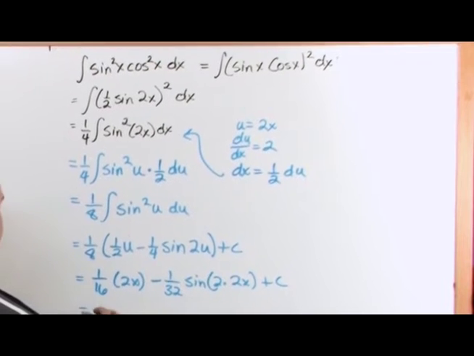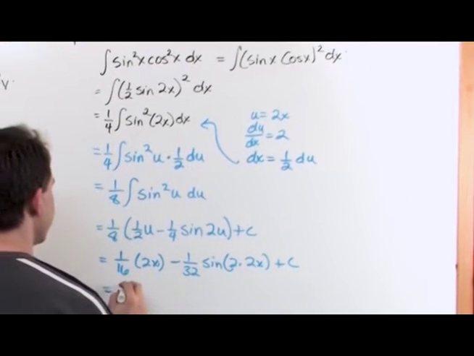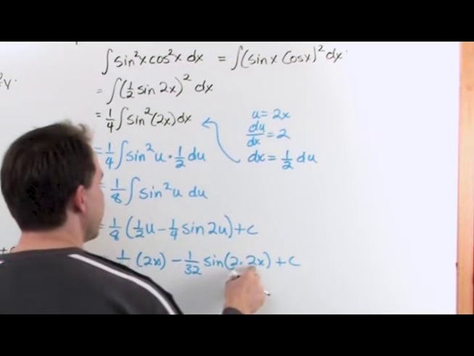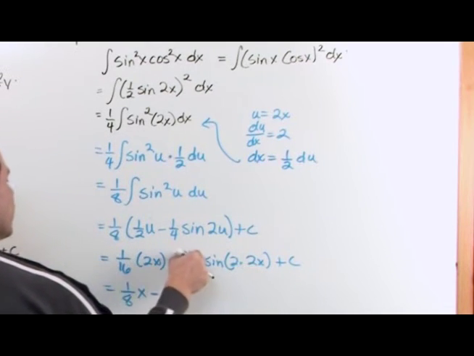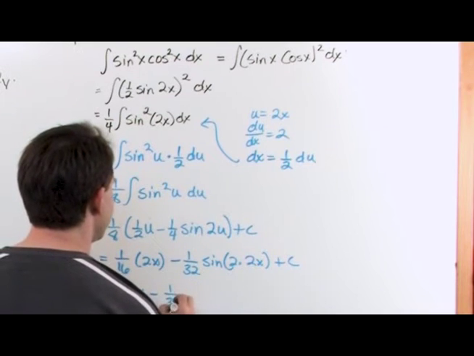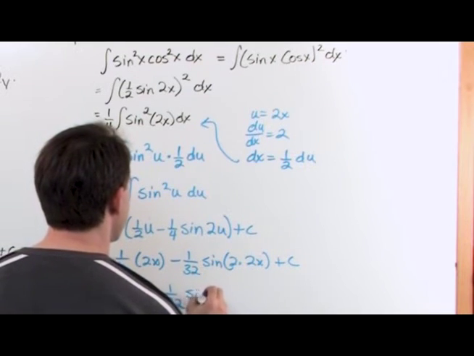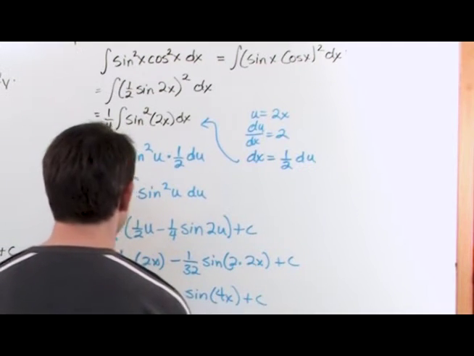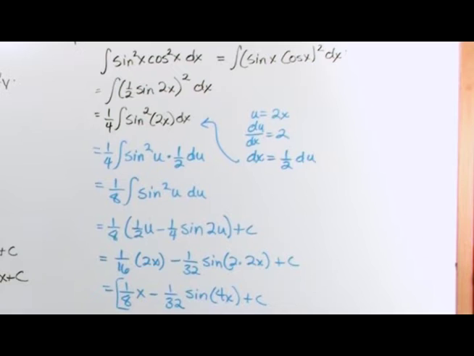Now let's simplify everything here. 2/16 is going to be 1/8 x minus, 2 times 2 is 4, so I'm going to have 4 on top here, 1/32 times the sine of 4x plus a constant. So this is the final answer: 1/8 x minus 1/32 sine of 4x plus a constant.